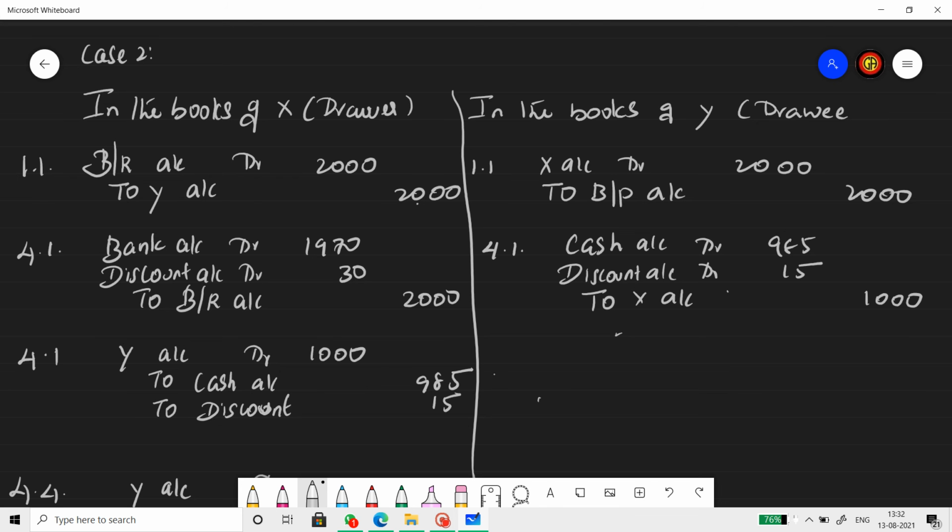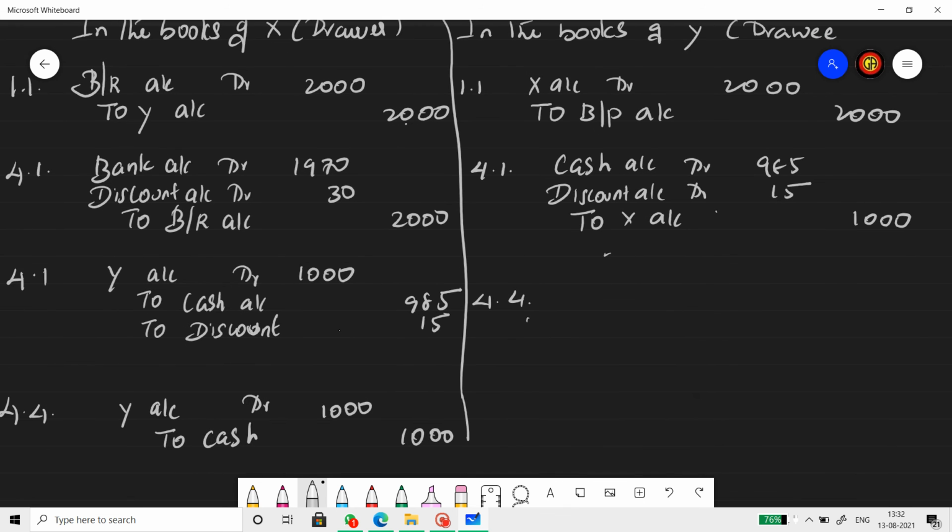Now on 4th of April, X sends his share so that Y can clear the bill on the due date. So this entry is the amount received from X, his share.